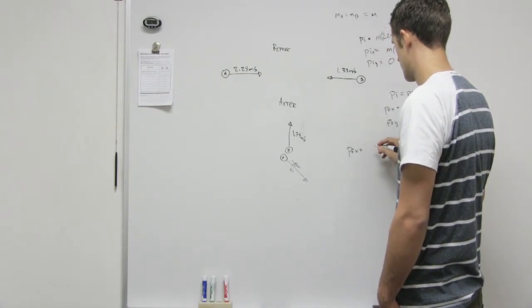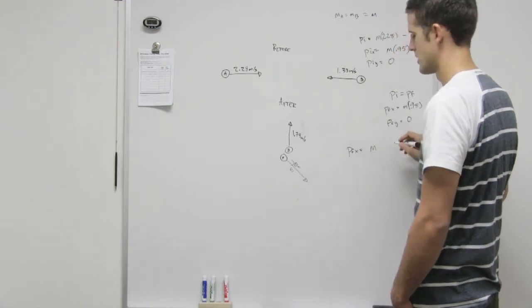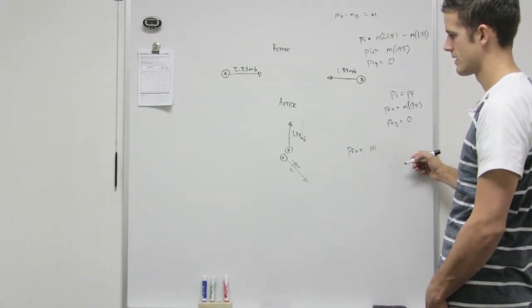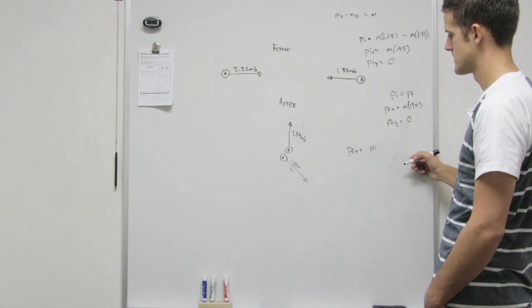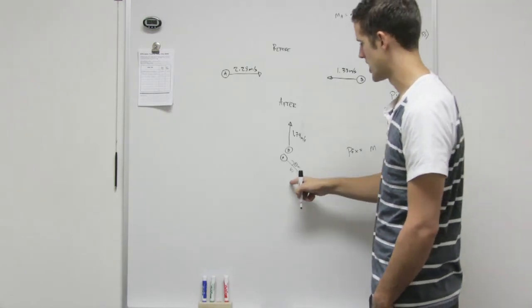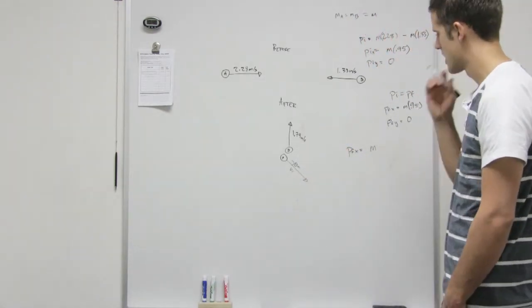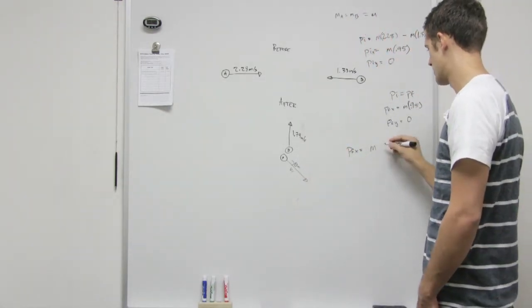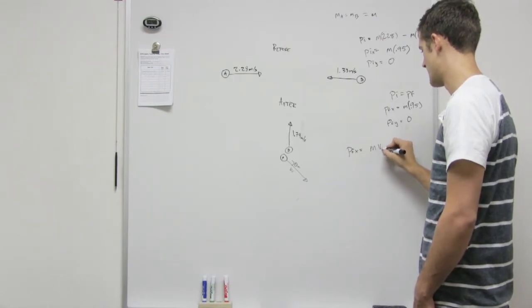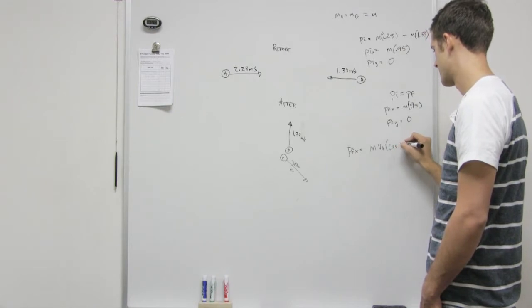Would you do mass times negative 1.33? No, A's 2.28. Right, but the velocity has changed. Just like B's velocity changed, A's velocity will change. So all you can do is say m v_A times the cosine of some angle.